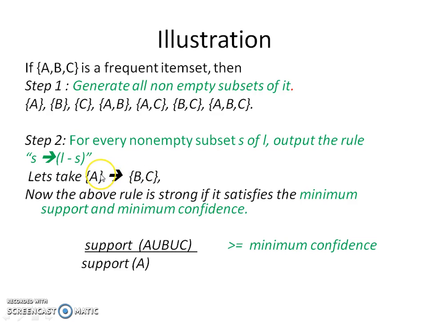In the same way you will write rules for B implies A, C, and C implies A, B. The numerator will be constant throughout because this is a frequent item set and this is going to be your L. Depending upon your S, the denominator value will change. From this, we will be generating association rules.